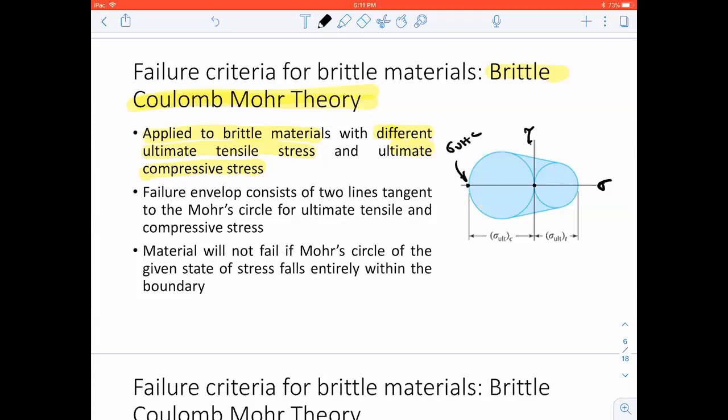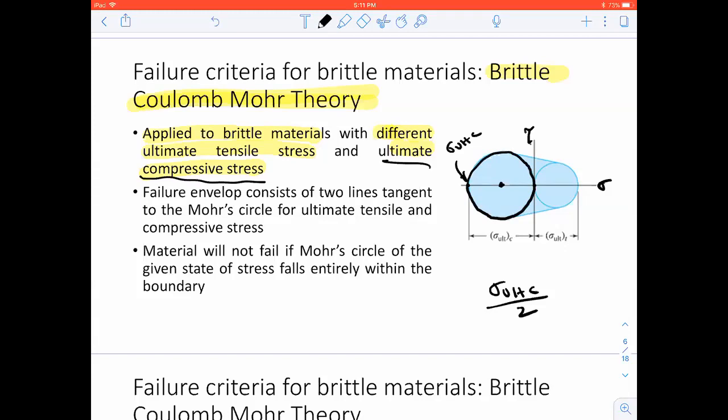Your Mohr circle radius is going to be sigma ultimate compressive strength divided by 2. That will give you the radius, and in the middle you're going to have the center. This is how the Mohr circle, considering only the ultimate compressive stress, will look.